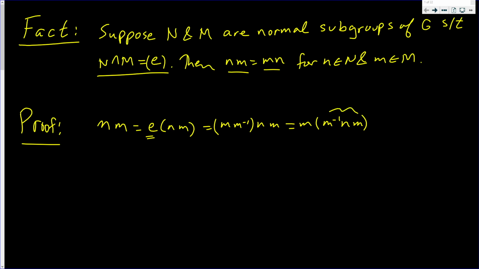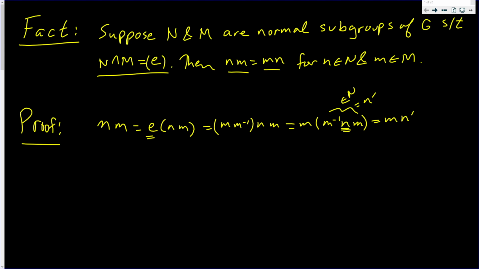But by definition of capital N being normal, this here is an N. That is, it equals m times n prime. This is some other element of N.